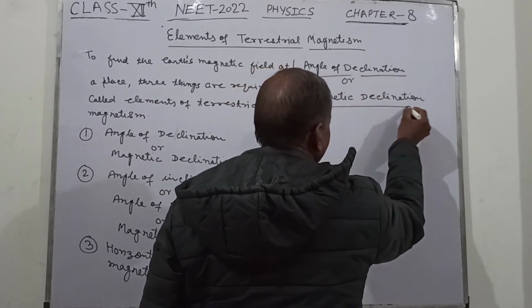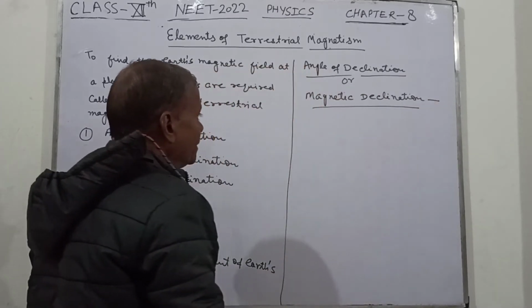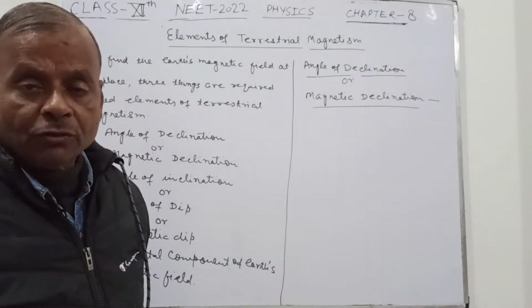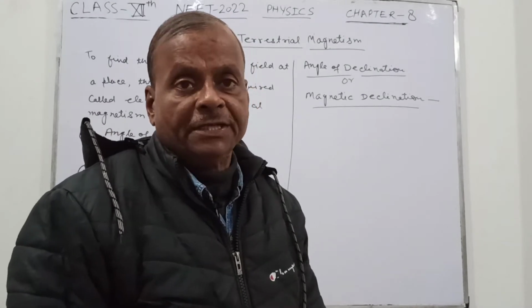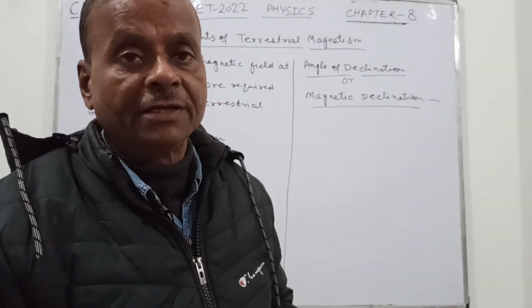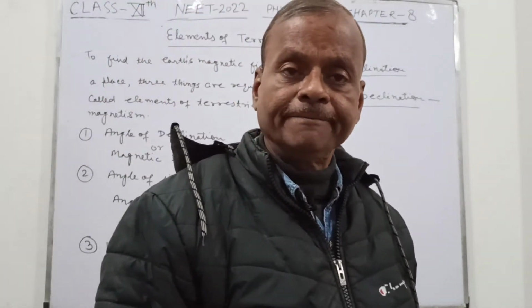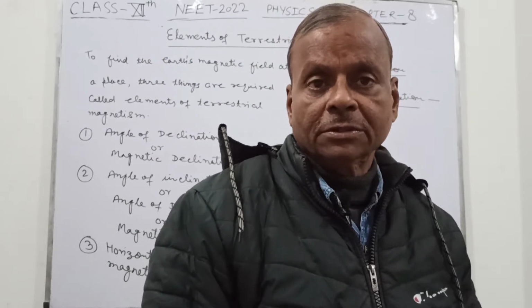Now we will talk about it. Now we know that there is the geographic meridian and the magnetic meridian. We know about it.